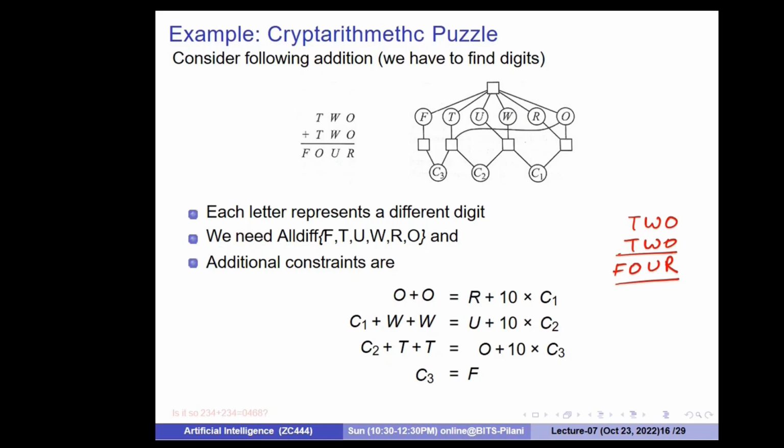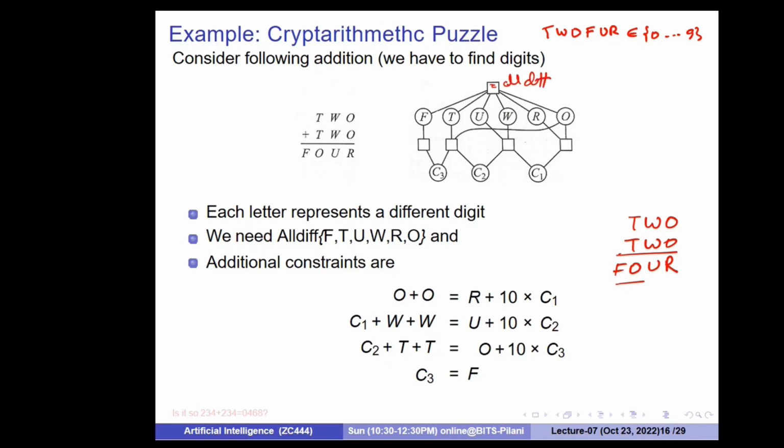And here our understanding is that these characters, for example T, W, O, F, U, R, are coming from 0 to 9. They are single digits. And let me say that there is a constraint called all diff.